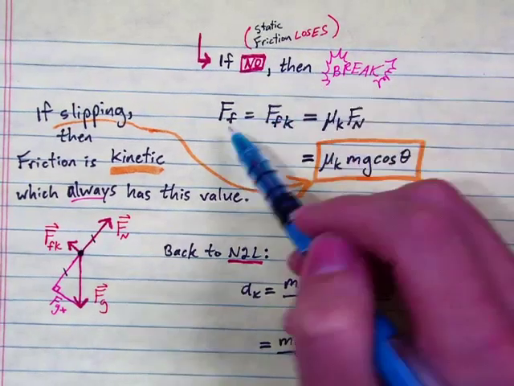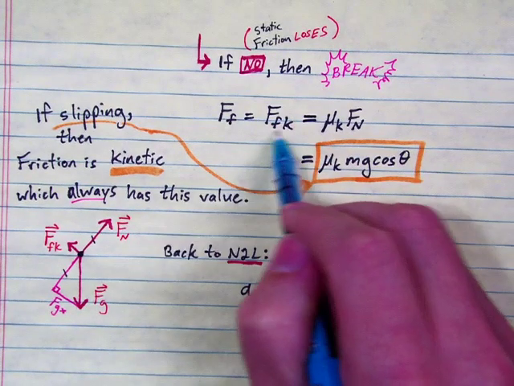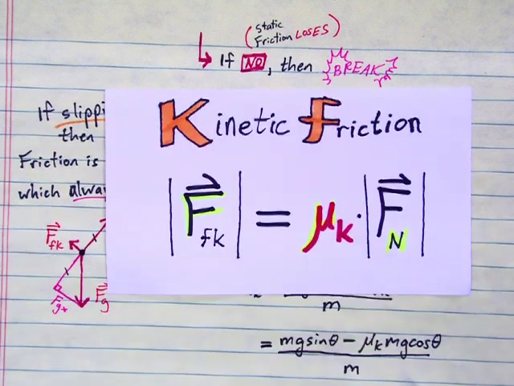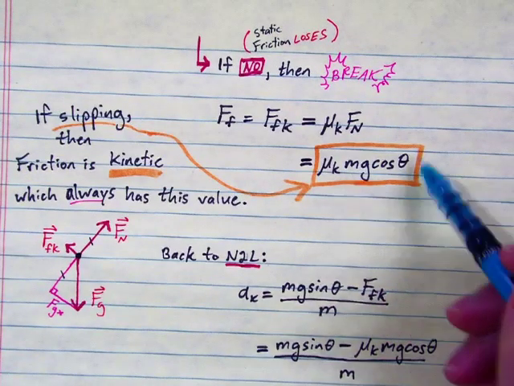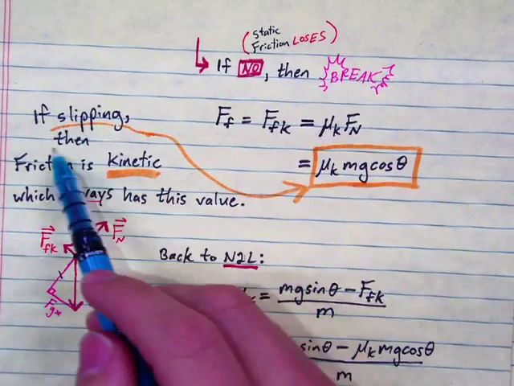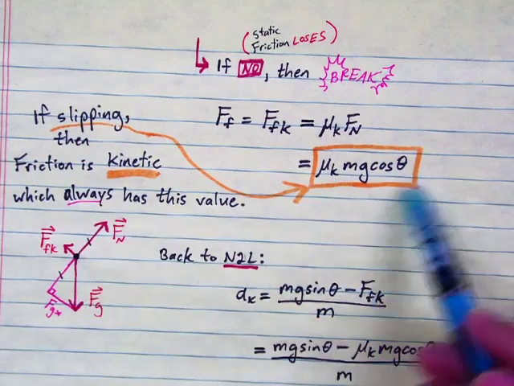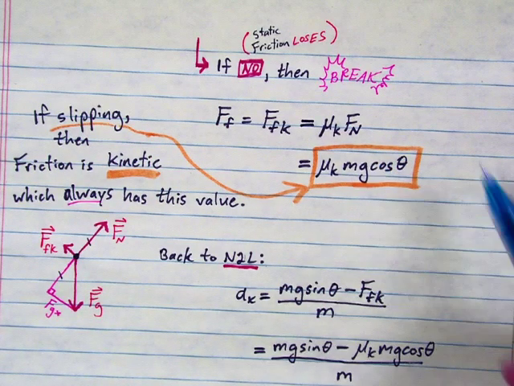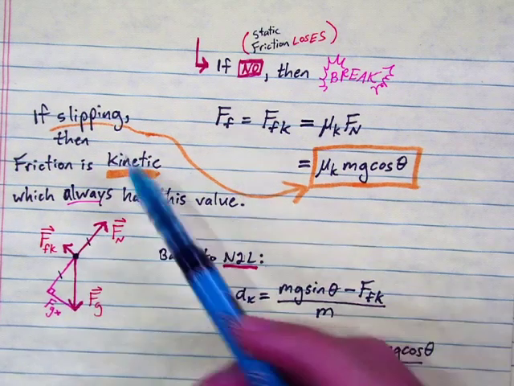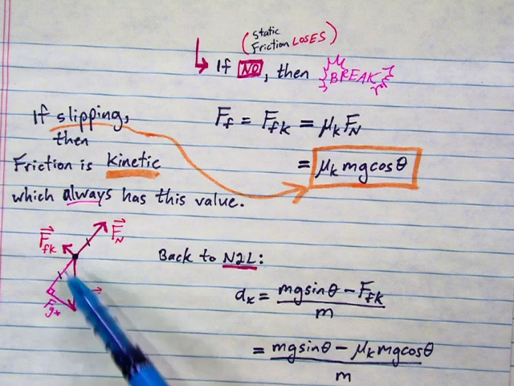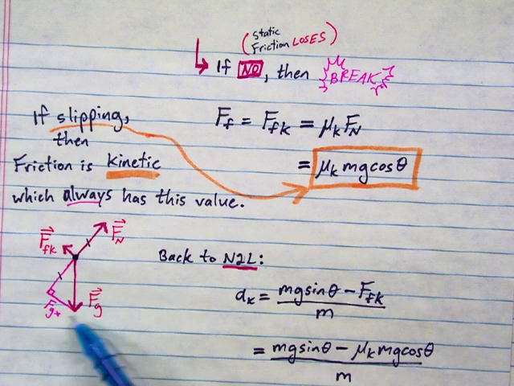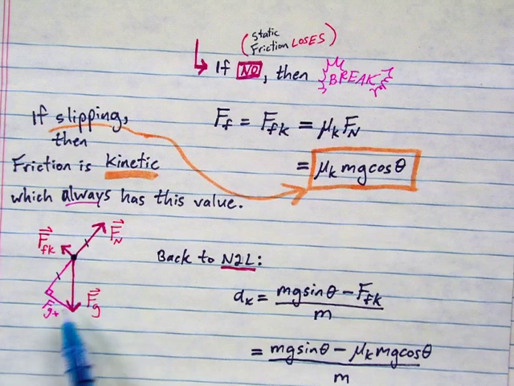Then we know if we have slippage, then our friction is kinetic friction, and that can always be calculated with the expression mu k times the magnitude of the normal force. So mu k mg cos theta. If we're slipping, then that's guaranteed to be the expression for our force of friction, which will be kinetic. And our FBD will look like this, with a force of friction, kinetic friction, that is less than FGX. Kinetic friction is generally weak compared to max static friction, so it'll be less than FGX right here.